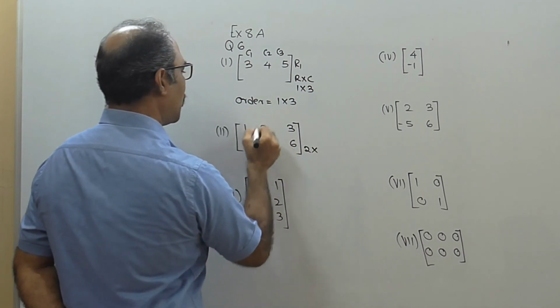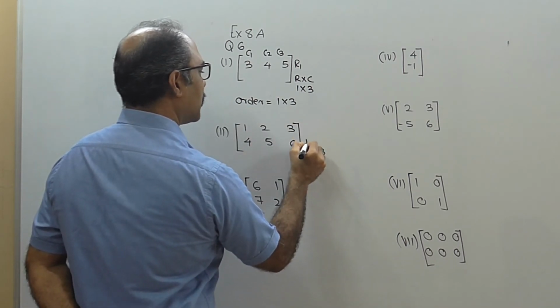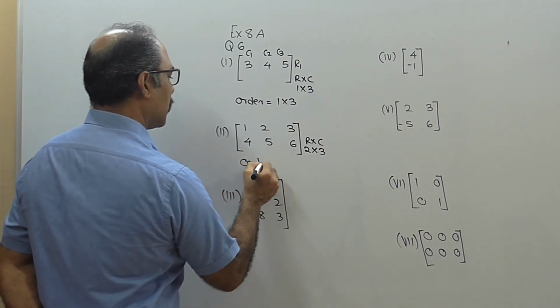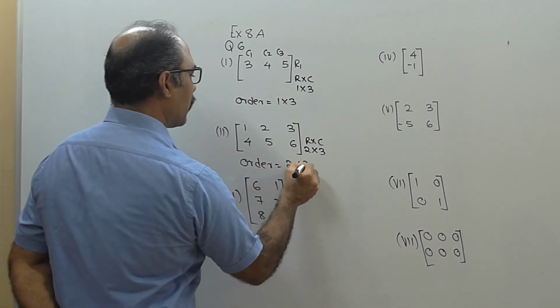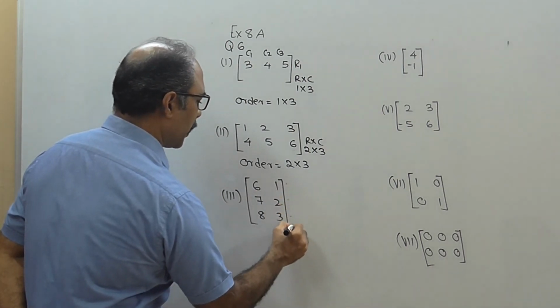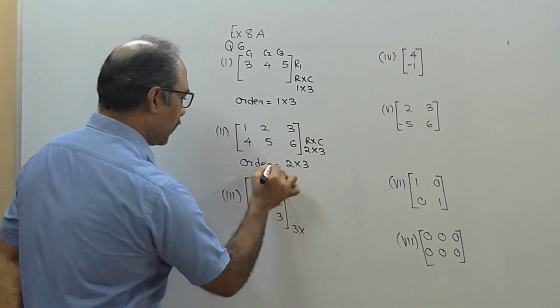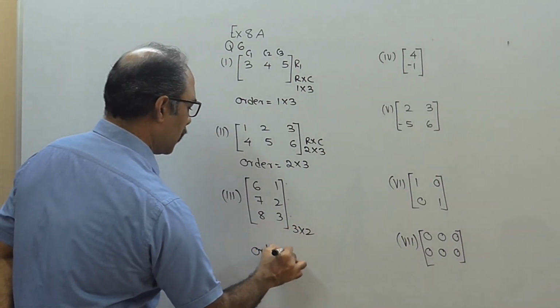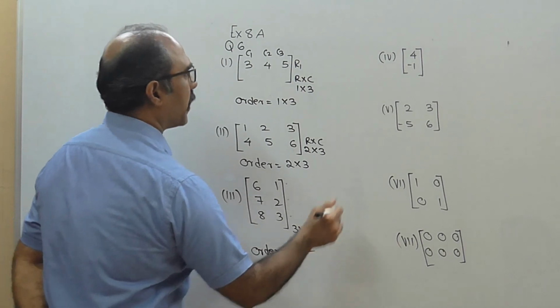How many columns? 1, 2 and 3. So can I say that this is a matrix of the order 2 by 3? Therefore the order is 2 by 3. How many rows? Row 1, row 2, row 3. 3 rows. Column 1, column 2. 3 by 2. Therefore the order is 3 by 2.